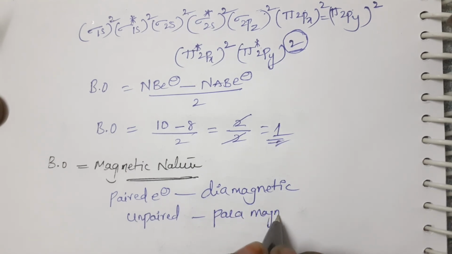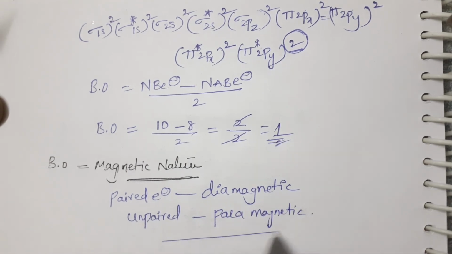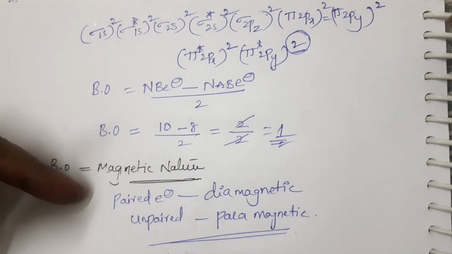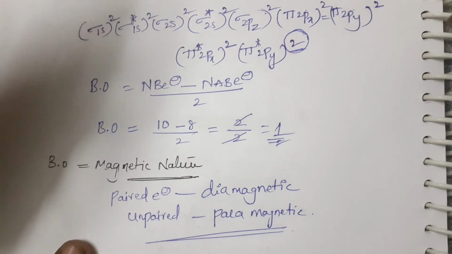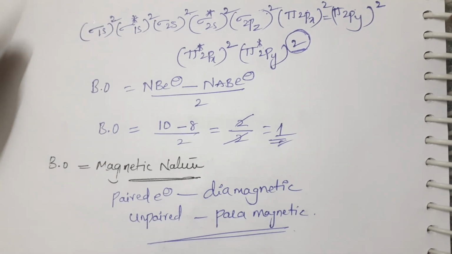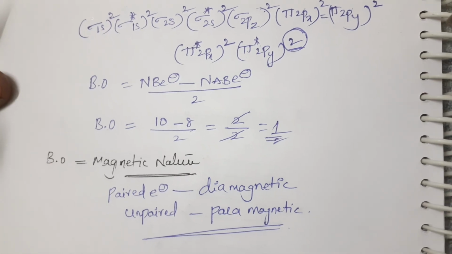Very, very important. Nowadays the questions from bond order are asked in this way only. They will give some diatomic molecule and ask to find out the bond length or stability or magnetic nature of that particular ion by using bond order. Like that only the questions will be asked.